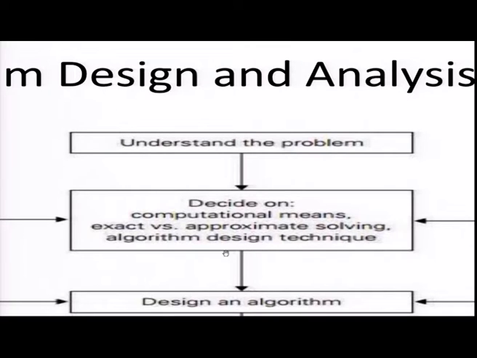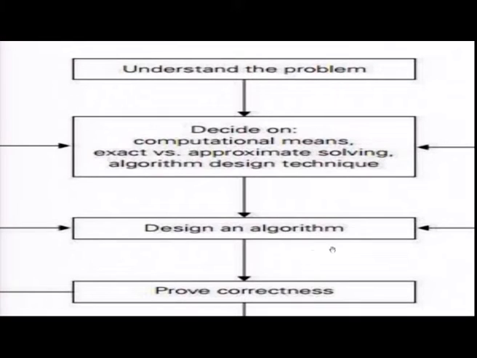Then based on the computational means and based on the exact solving means that we have received, we move over here for the design of an algorithm. So, here in this step we design the algorithm, and when we design the algorithm, we should be doubly cautious in designing, and then we need to check whatever we have designed, whether we have designed it correctly, whether any issues are there.